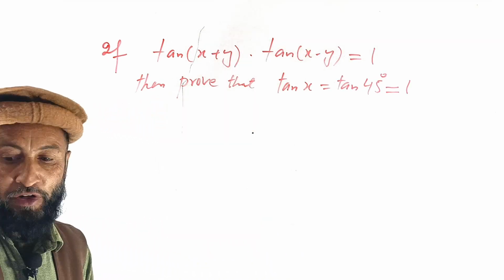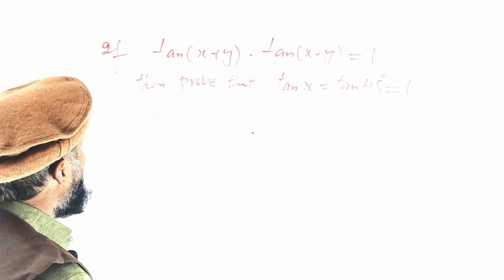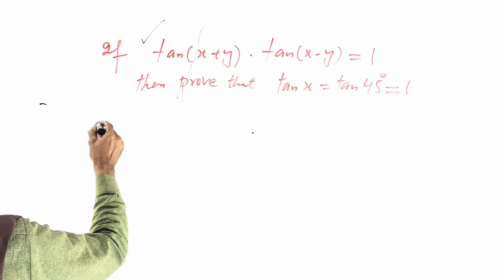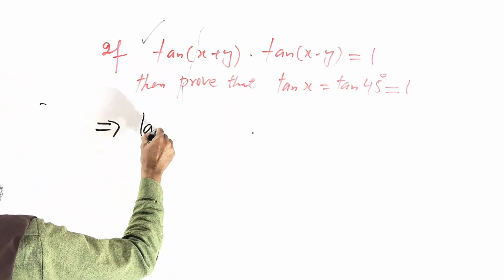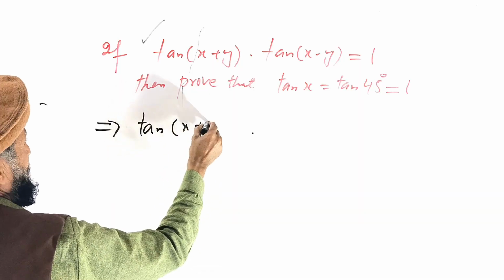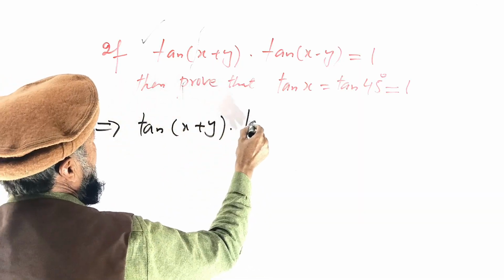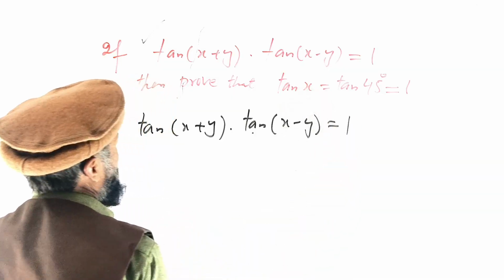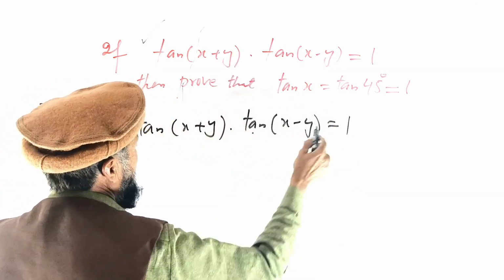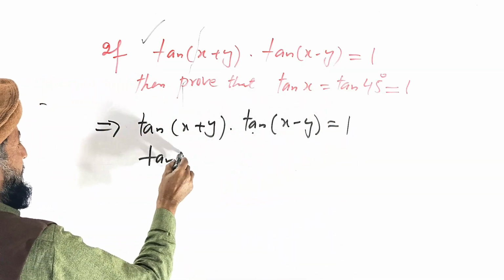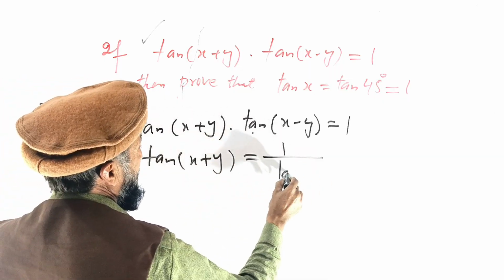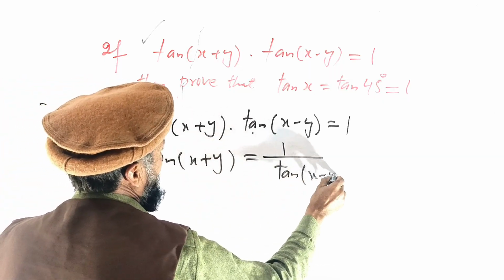From the given condition, we can simplify this result. Tangent (x plus y) times tangent (x minus y) is equal to 1. So we divide both sides, and tangent (x plus y) is equal to 1 divided by tangent (x minus y).